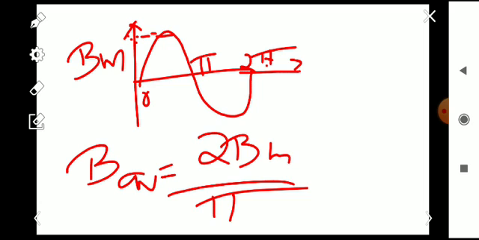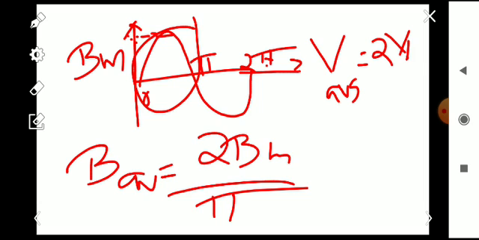We learned how to find the average value of different AC waves and different square waves. If you find the average value of a sine wave for a single positive half cycle, the average will be equal to 2 Vm by pi.